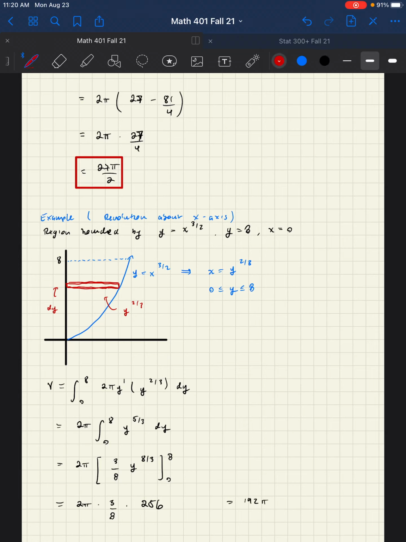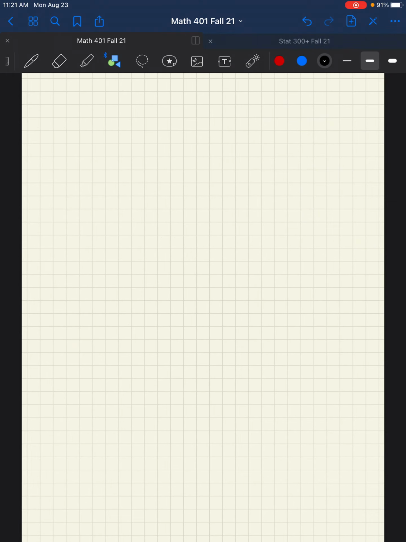And then when you simplify all this, it becomes 192 pi. So the only real difference here was when you set up the integral. Remember that in this case, revolution about the x-axis is going to force you to convert everything in terms of y.